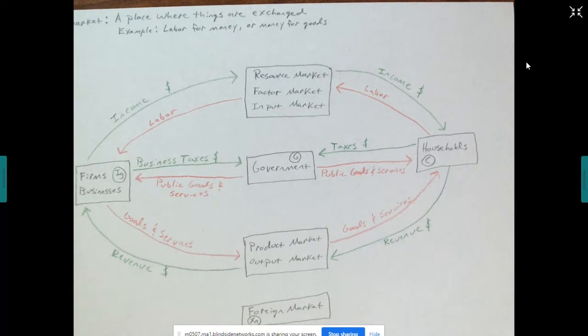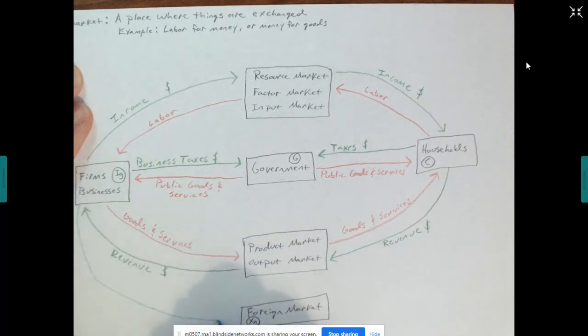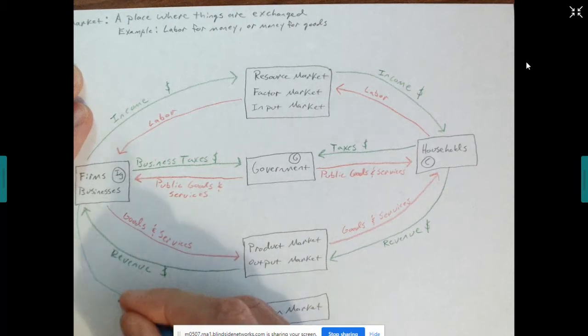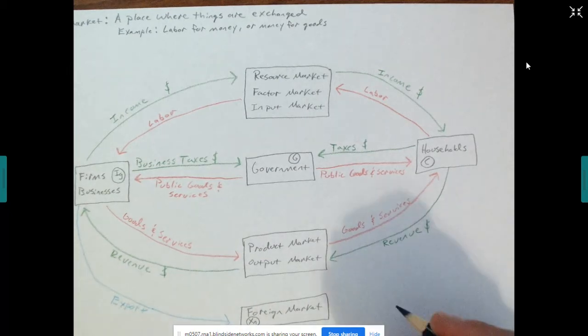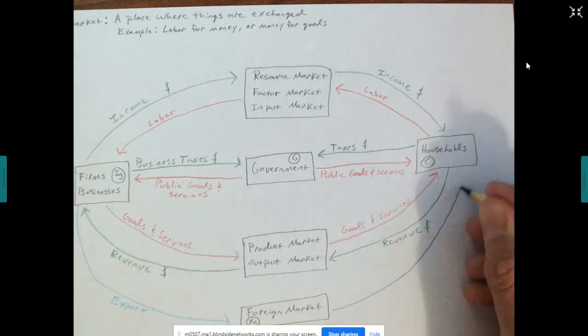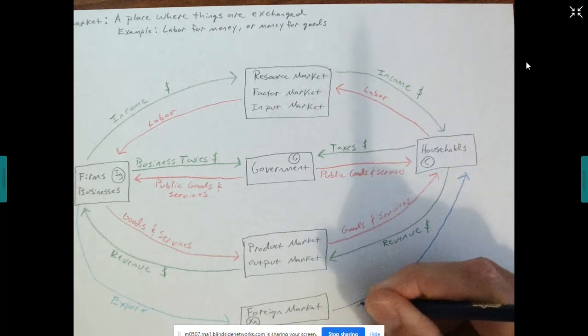Businesses will be able to provide some of their products to the foreign market. This is an export. And people will buy some of those products from the foreign market. They'll exchange their money for those foreign products and they'll come in, and those will be imports.